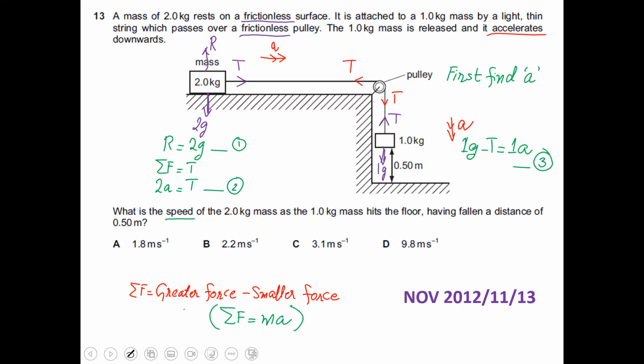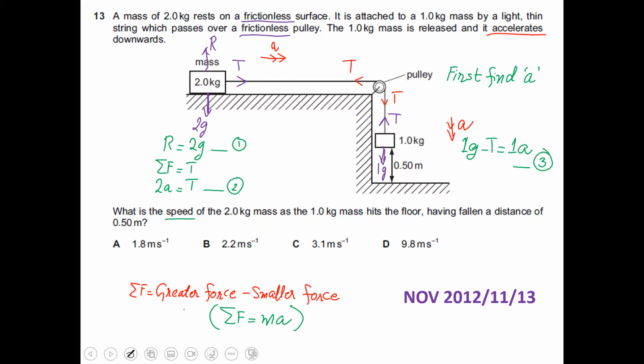Why is sigma F equal to T? That's the only resultant force.